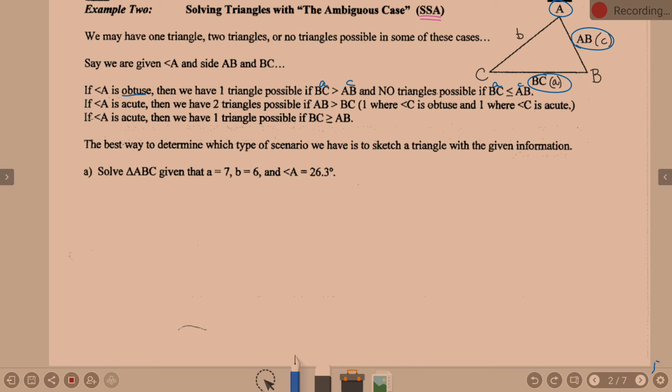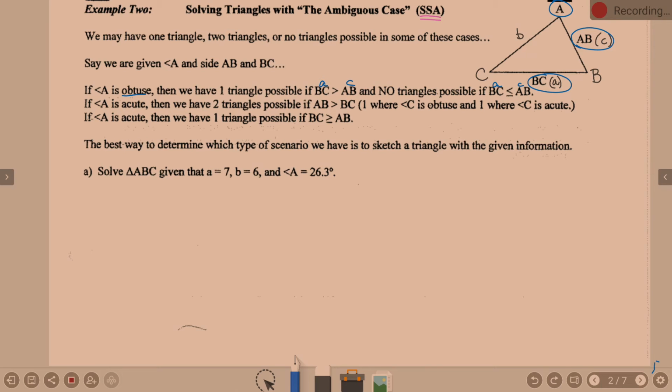So, with that in mind, if the given angle is obtuse, there's one triangle possible as long as the side across from it, side A, is bigger than the other given side. There's no triangles possible if the side across from it is smaller than the other given side, because that just doesn't make a triangle.